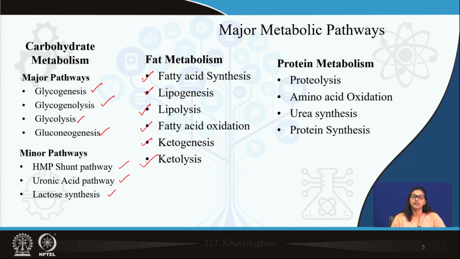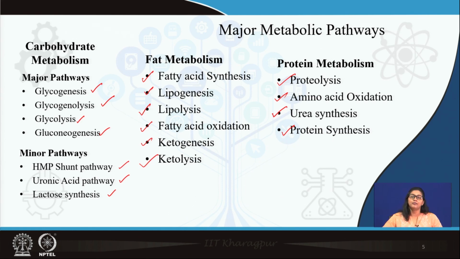And finally in protein metabolism, we talk about both protein synthesis as well as protein degradation like proteolysis, amino acid oxidation, and the excretion of urea in urea cycle, how urea is synthesized.